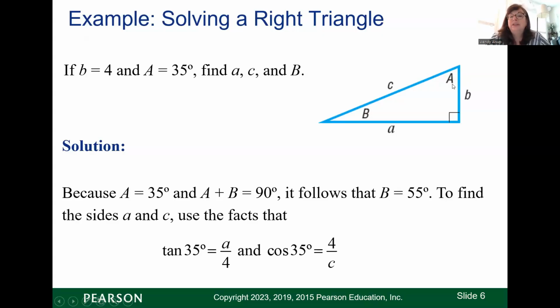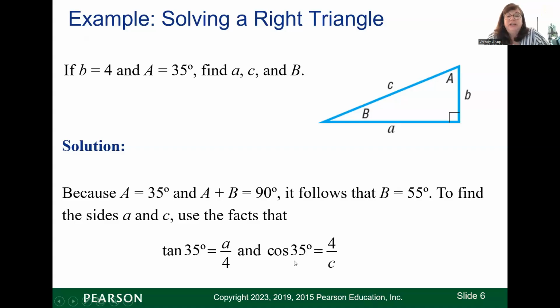So the tangent of 35 would be the opposite side, a, over the adjacent side, b, which gave them tangent of 35 degrees equals a over 4. Then it's real easy to find a. A is just 4 times the tangent of 35. Make sure you're in degree mode. I am in radian mode, so I'm going to go to my calculator and make sure I'm in degree mode. Then I put in 4 times the tangent of 35 degrees, and I got 2.80, rounded to the nearest hundredth.